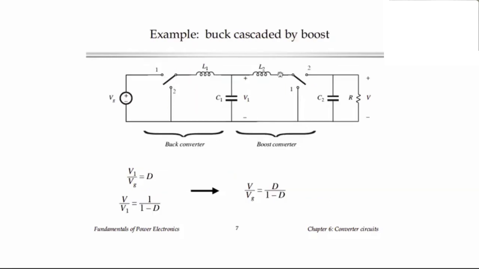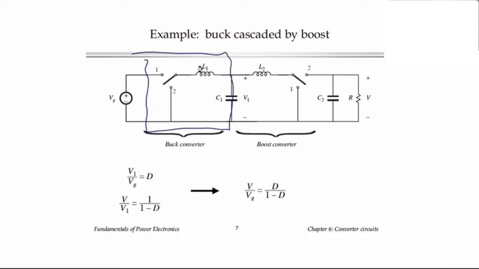Okay, and so in fact, if we drive the switches of the two converters with the same duty cycle, then what we get for the cascade connection is D over 1 minus D, which sounds like a buck boost type conversion ratio. And here literally is the circuit then.